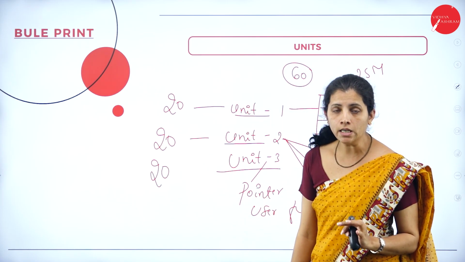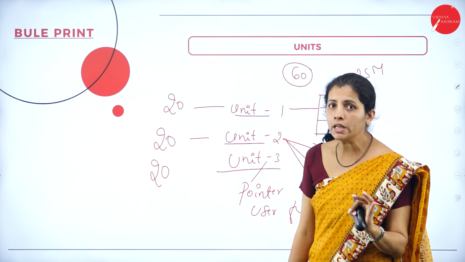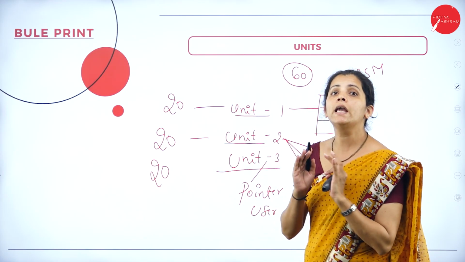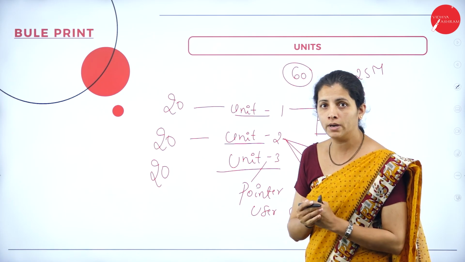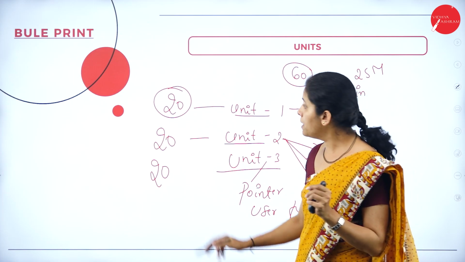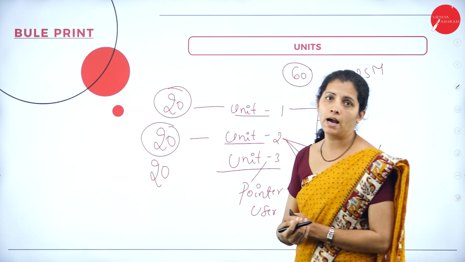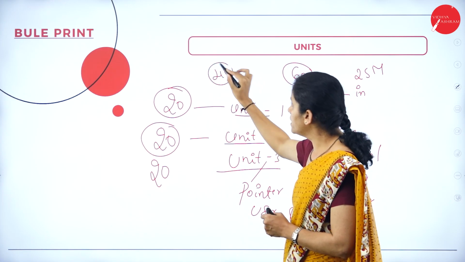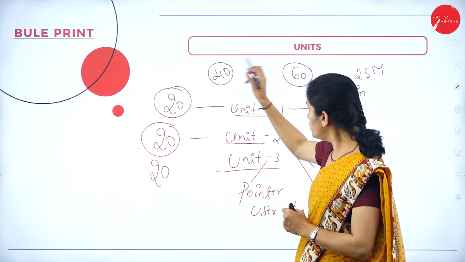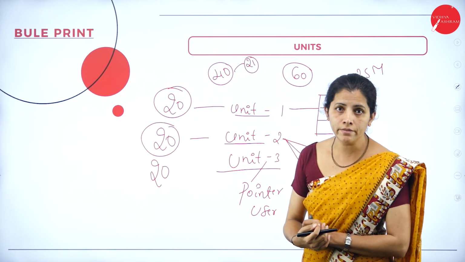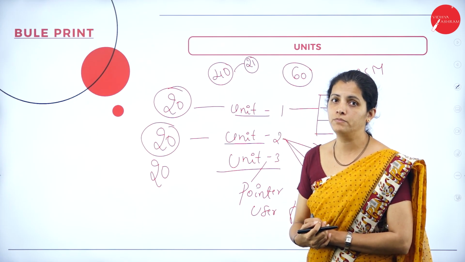Dear students, if you want to clear C program, then study any 2 units properly, because each is 20 marks, so the total is 40. Out of 40, you have to score only 21 marks to clear this subject.